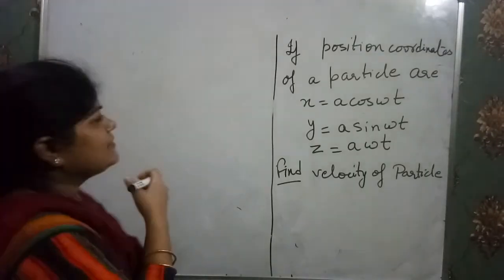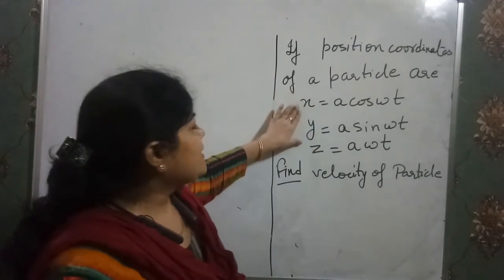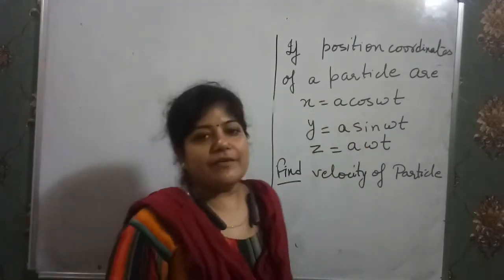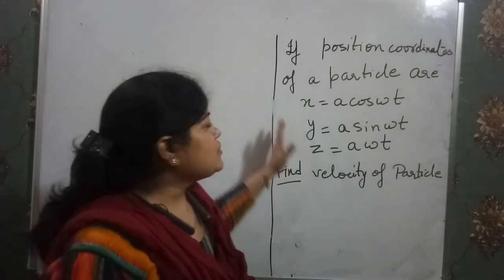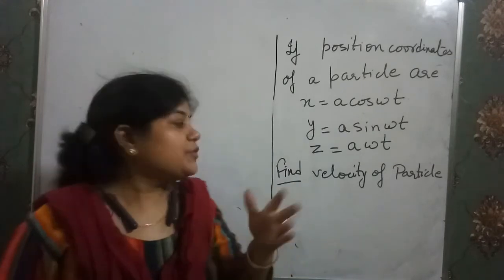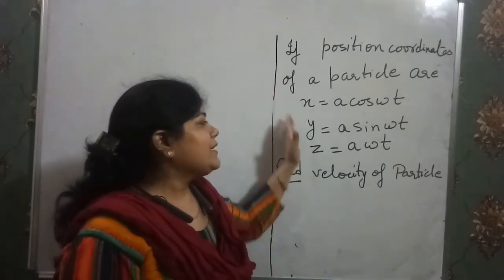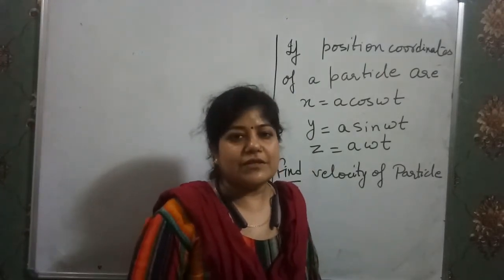Now see the next question. The position coordinates of a particle are x, y, z and these values are given, and we have to find the velocity of the particle. Now this question is based upon all three coordinates. That means the position vectors of the particle in three coordinates are given and we have to find the velocity.